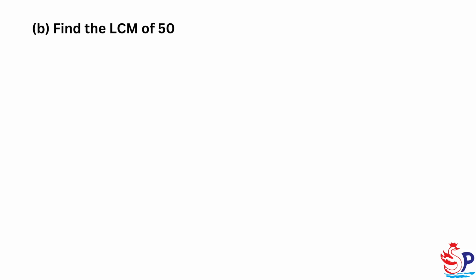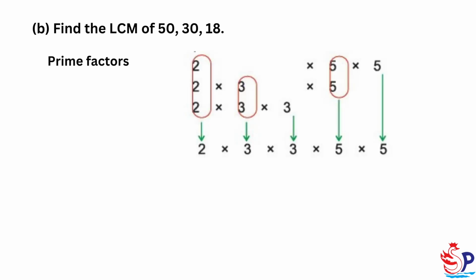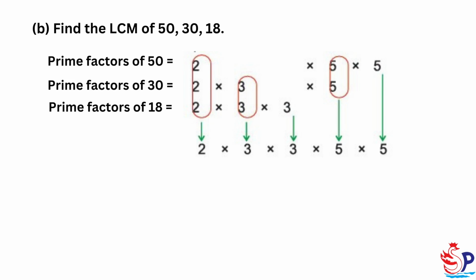B. Find the LCM of 50, 30, 18. Prime factors of 50, prime factors of 30, prime factors of 18. Answer. LCM equals 2 multiplied by 3 multiplied by 3 multiplied by 5 multiplied by 5 equals 450.